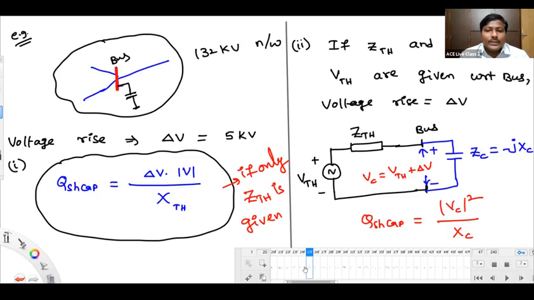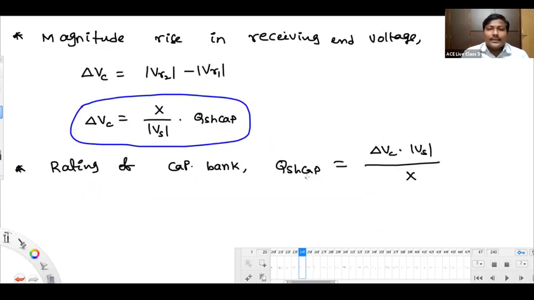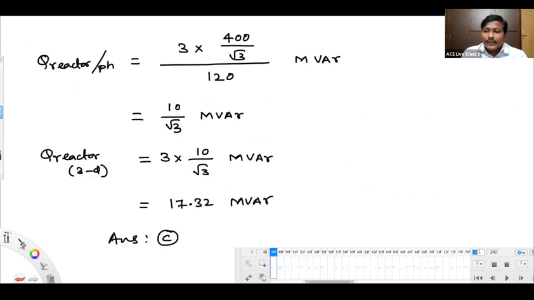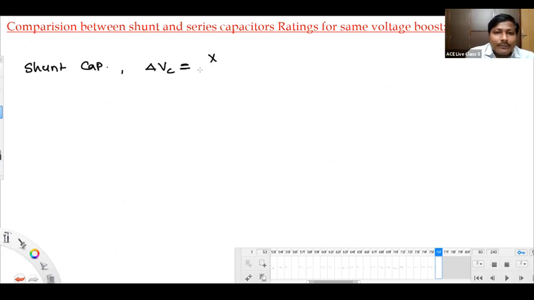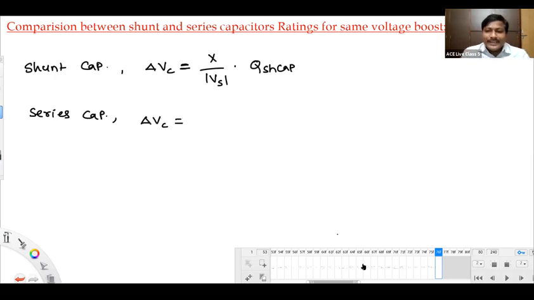See, what's the formula for the shunt capacitor? Delta VC equals X by mod Vs into the rating of the shunt capacitor bank. I am showing that expression now. For the series capacitor, delta VC, the voltage boost by the series capacitor, we discussed just now.